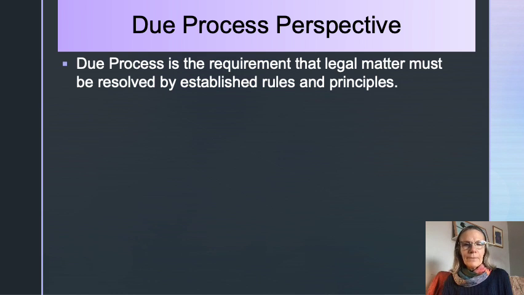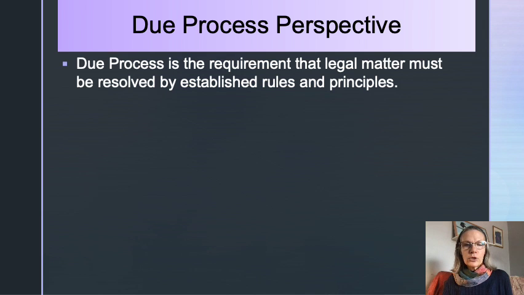So some examples of due process as it relates to the criminal justice system are that there are certain rules that are followed, that are established in the Constitution and beyond. Rules such as search and seizure, so that if you're going to search somebody, you have to have probable cause to search. If you search somebody and you don't have probable cause, then due process has been violated.